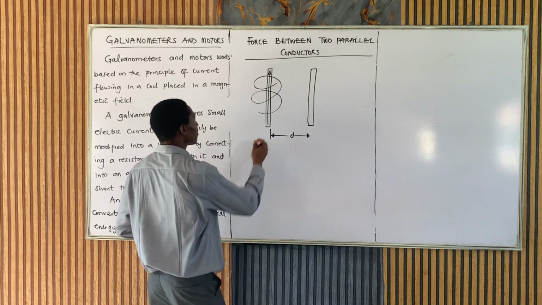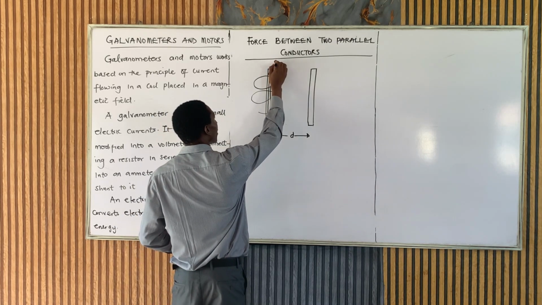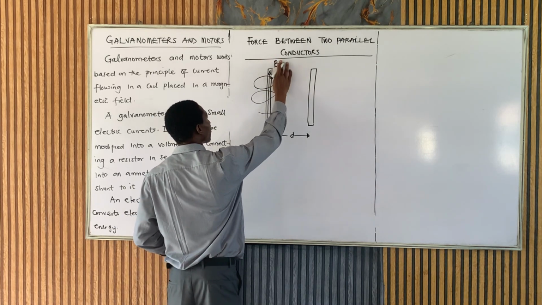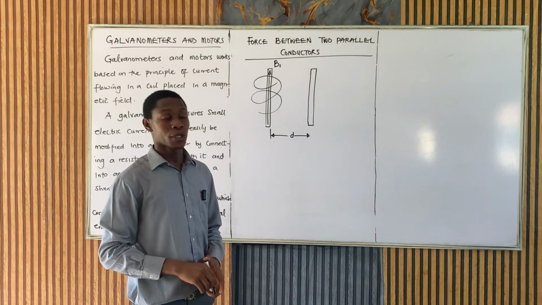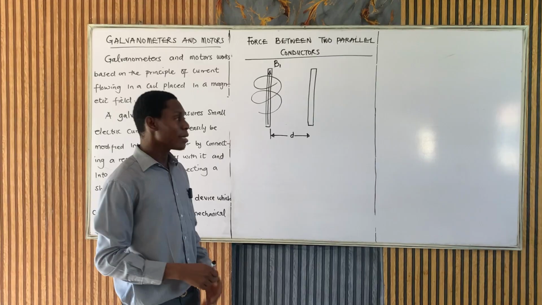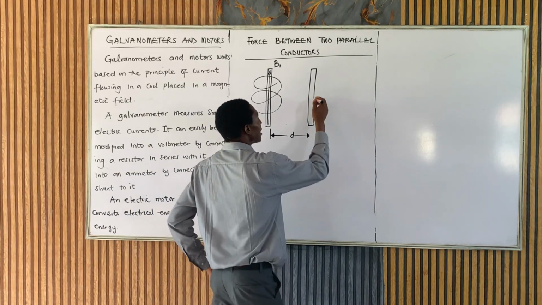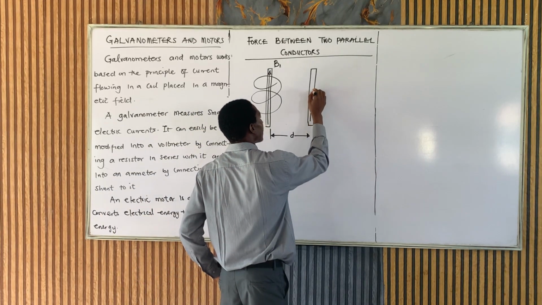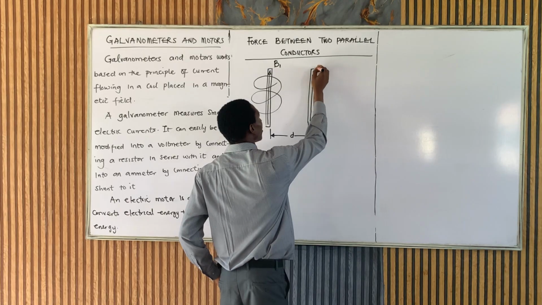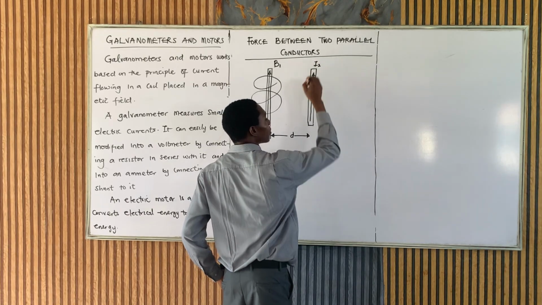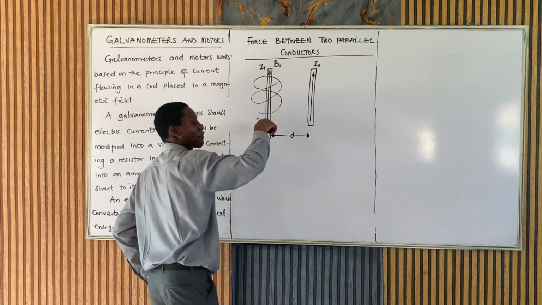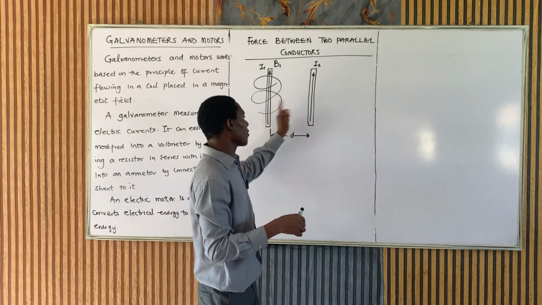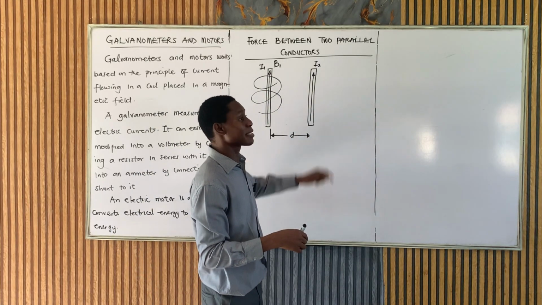Let's say this magnetic field here has a flux density B1, for instance. Then we see there will also be a current. The current here, now let's call it I2, for instance. Let's say the current here was initially I1 that generated this magnetic field. Now, because of this magnetic field, a current is now generated here, and that current is I2.